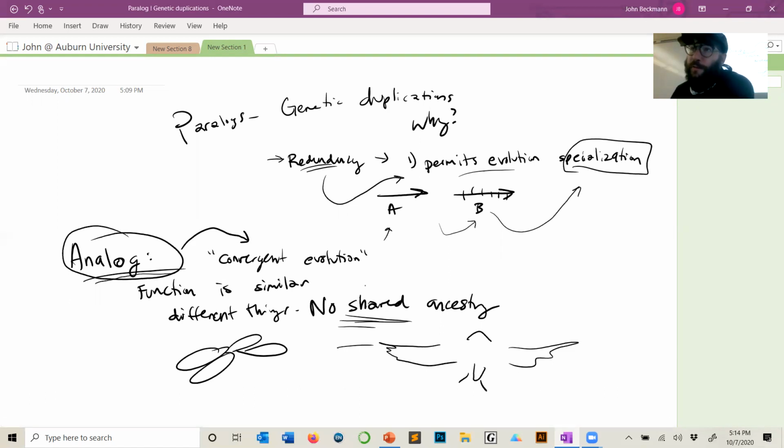Things that are useful, you see those things reappear in different lineages. So wings, you see them appear multiple times. I'm trying to think of if eyeballs... there are probably examples of convergent eyeball evolution. What else would be a good example of this? Maybe wings is the best example I can think of.